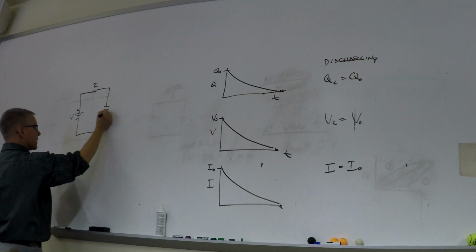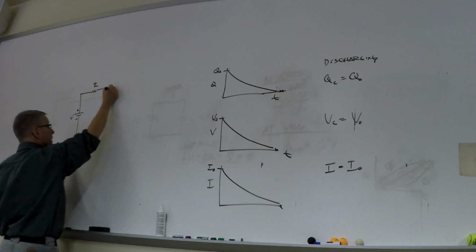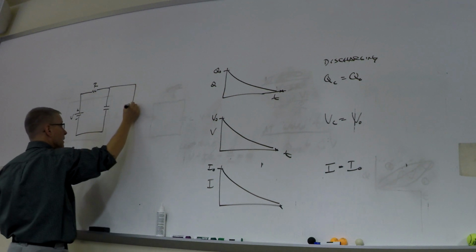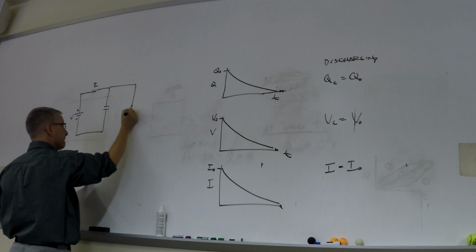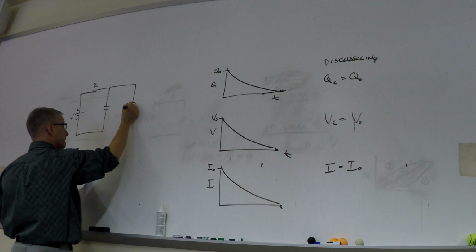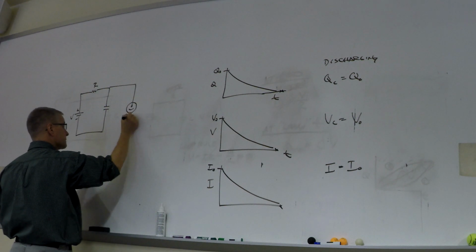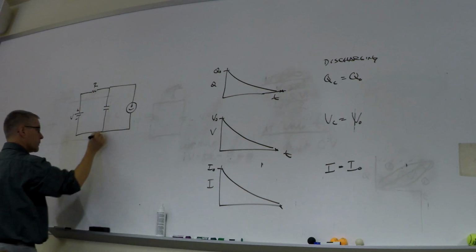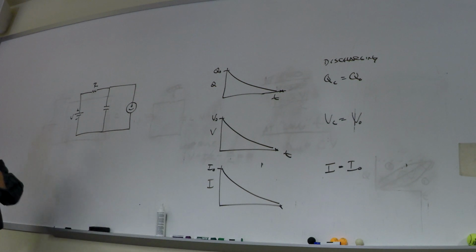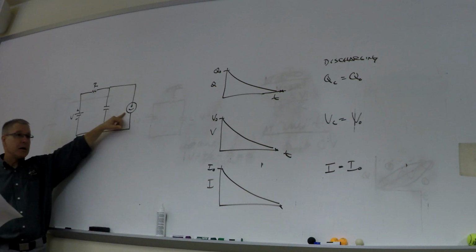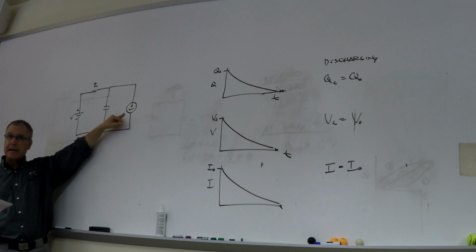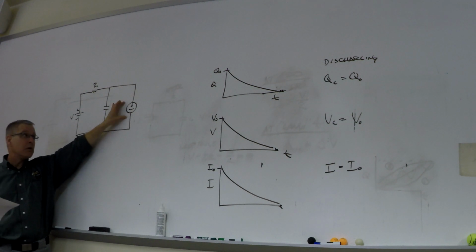We have a new circuit element in here. One example of what this could be is a light where this is enclosed.